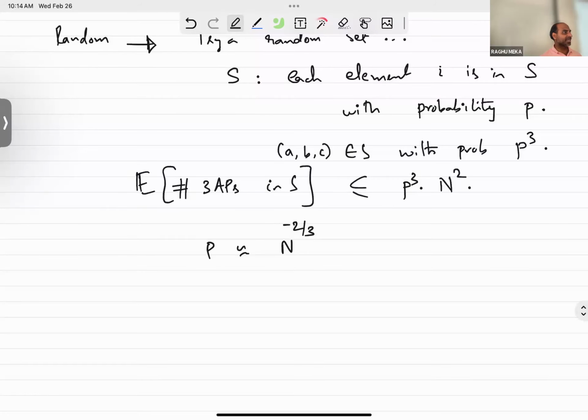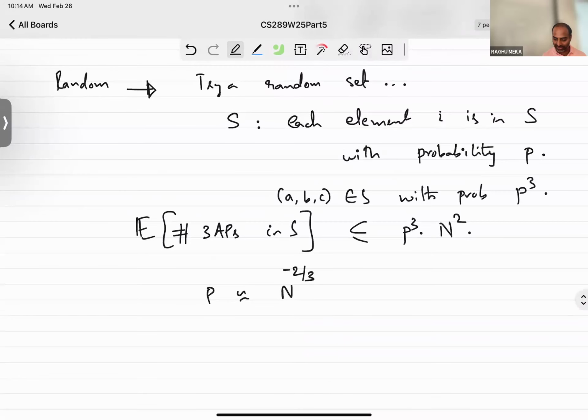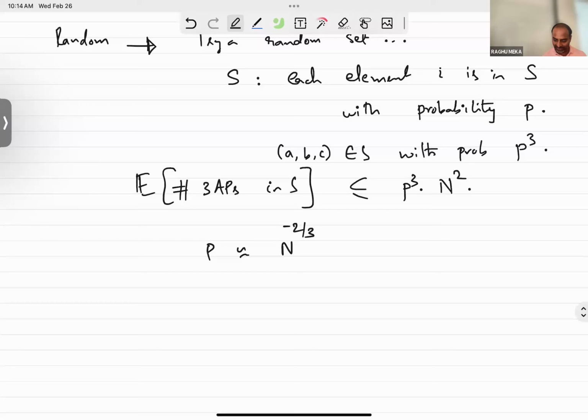Again, we don't have to do this calculation exactly. We're just trying to get an understanding of these things. So if we set p to be n to the minus 2/3, then how big a set did we get?